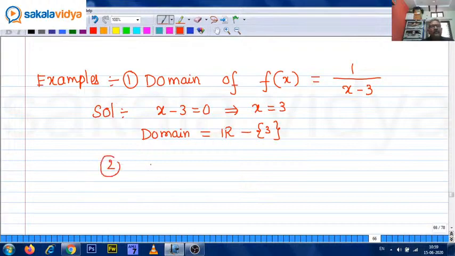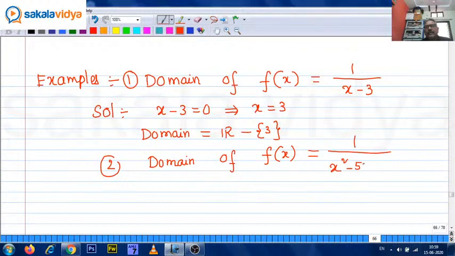Now the domain of f of x equals 1 by x square minus 5x plus 6.